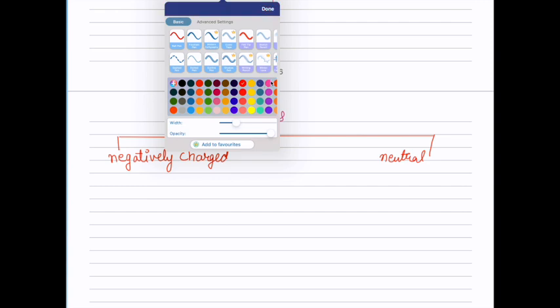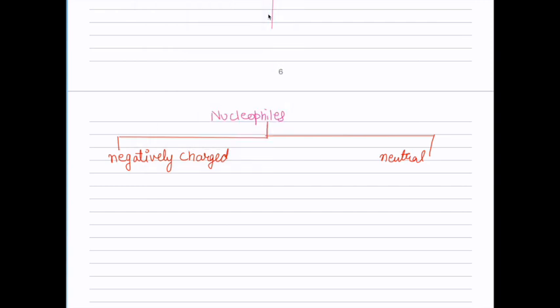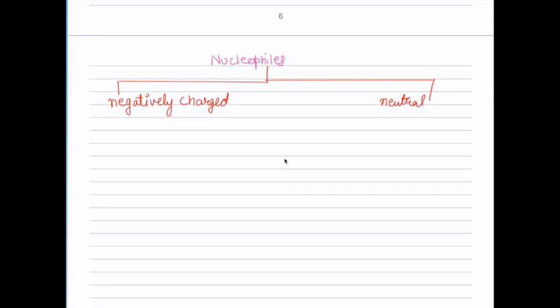If I give you some examples of neutral nucleophiles first, it can be ammonia, which you have seen has a non-bonding lone pair of electrons in sp3. Again, water has two lone pairs. Alcohols, ROH, ethers.